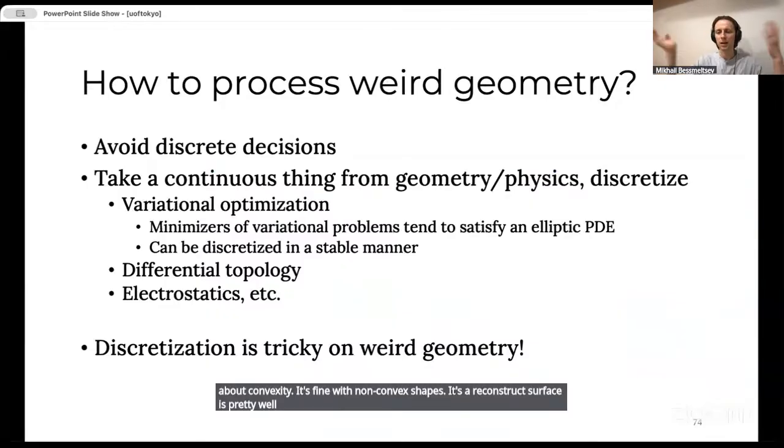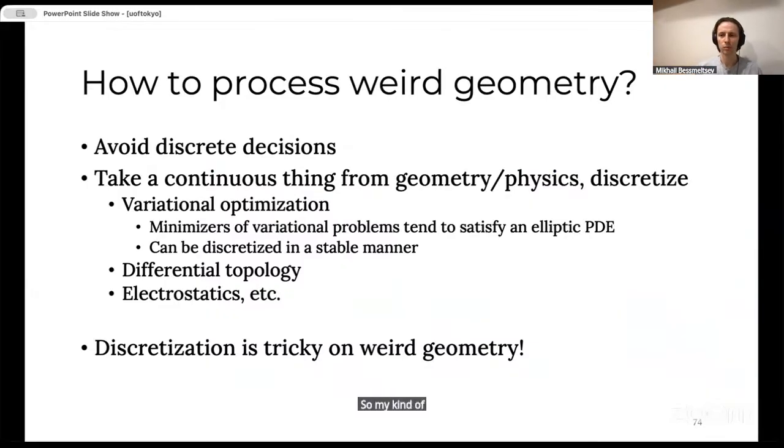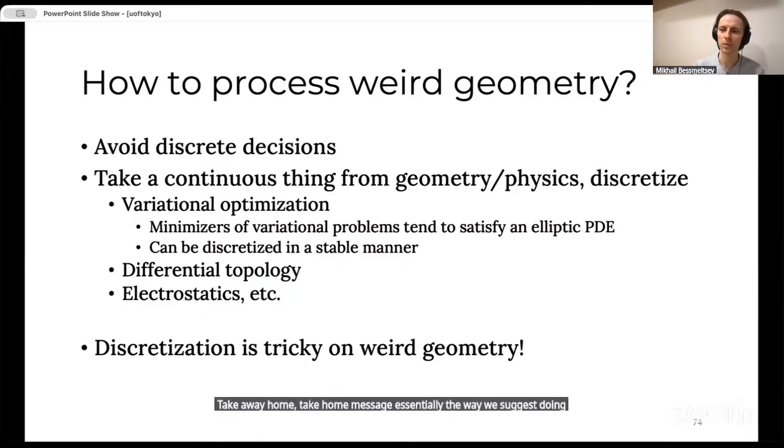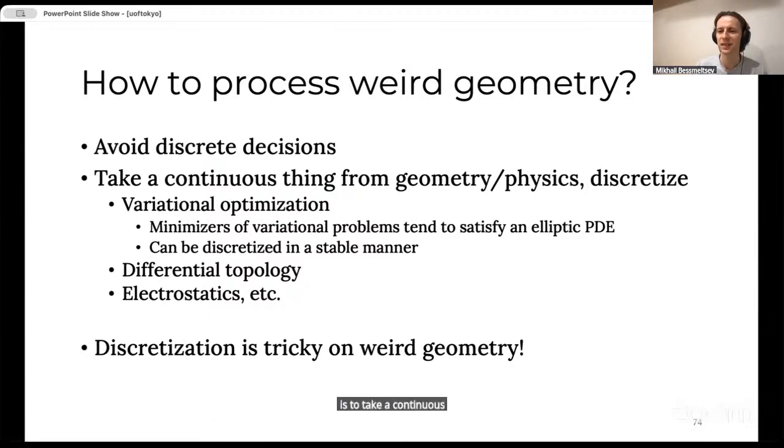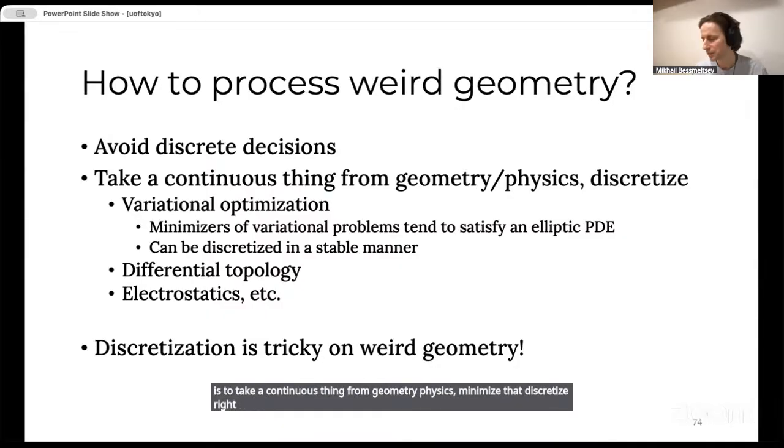So my take-home message is that the way we suggest processing weird geometry, whenever you have noise, weird things, non-manifoldness, whatever else, is to take a continuous thing from geometry or physics, minimize that, then discretize.